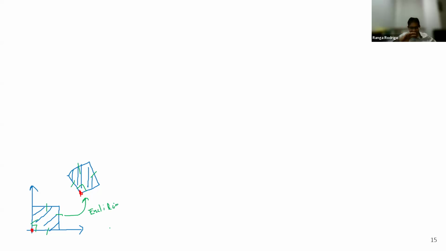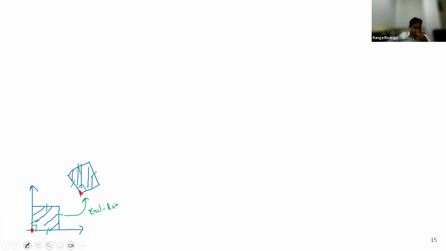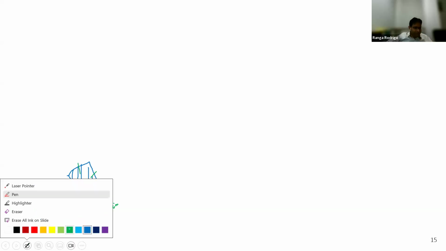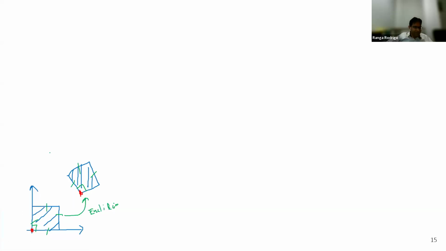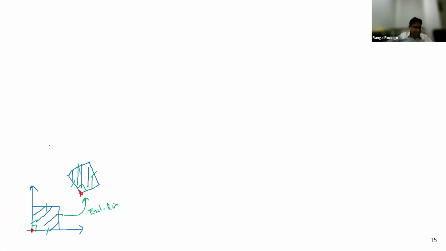But this is only one of the transformations that can happen. In robotics, you will study directly Euclidean transformation in 3D. This is actually in 2D. But what are the other things that can happen? For example, you can apply a transformation like that. You are not only rotating and translating, but you are scaling also.